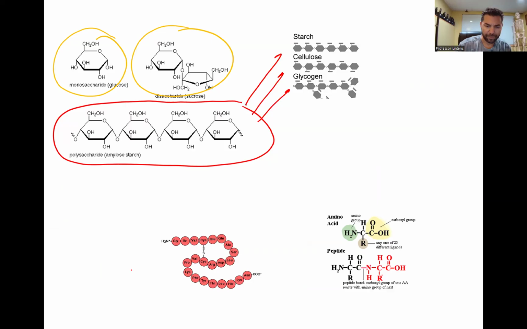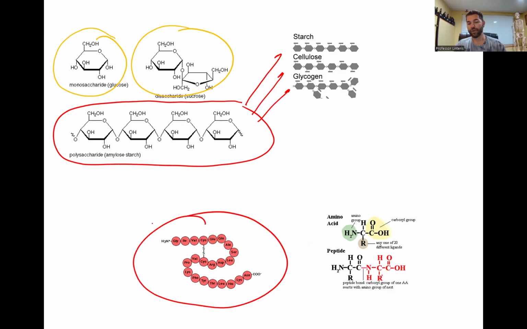Down here, we have a picture of a protein. Protein is a chain of amino acids. Obviously, we'll show pictures, but your meats and things like that. And this is one amino acid, and it's showing you how they are connected together. You don't have to understand the biochemistry, but know that proteins are made of amino acids, an amine, and an acid group.